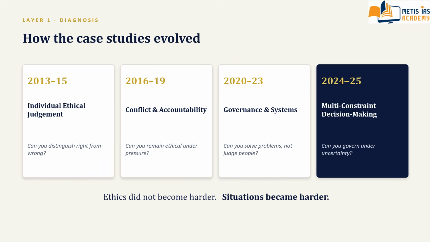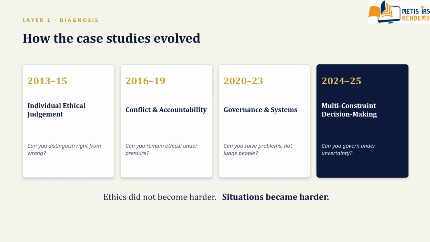So observe the movement. Ethics did not become harder. Situations became harder. UPSC is giving situations one by one, increasing the level of difficulty. So this is the situation from 2013 to 2025 as far as UPSC GS case studies are concerned.